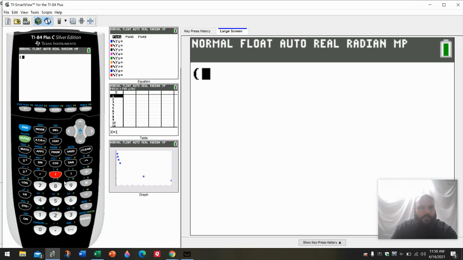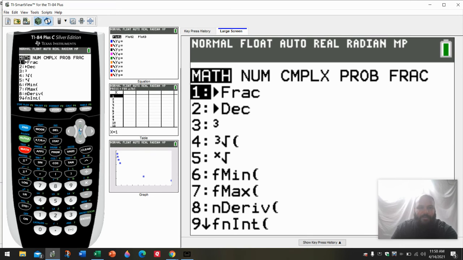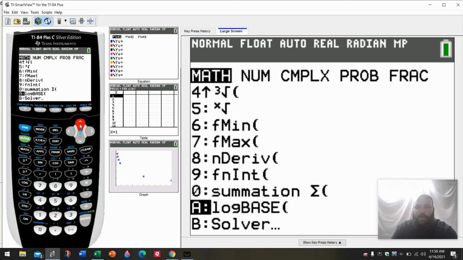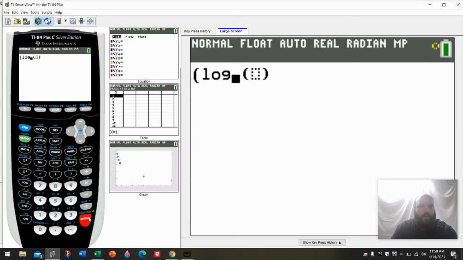We'll put a parentheses, then we will click Math and scroll all the way down to the bottom where you see this log base command. As you can see, that gives us the ability to change the base to base 3. Then inside these parentheses, we will make it 15 divided by 2. And then outside of that parentheses, I'll put my plus 5.